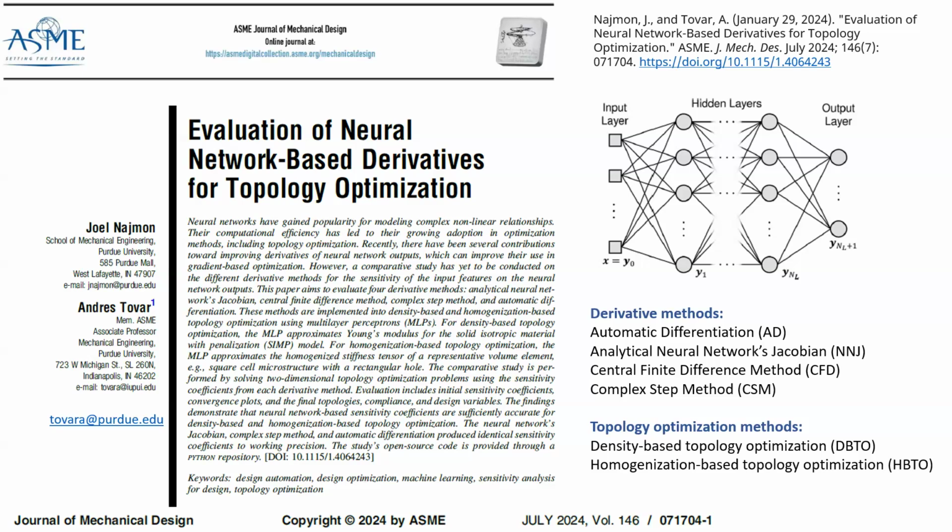Well, our lab works in applications of machine learning to help design, in particular design optimization. We have seen several contributions in methods to obtain derivatives of the outcomes of neural networks, and we see an opportunity to use those methods and help gradient-based optimization, so we can ease the cost of the sensitivity analysis.